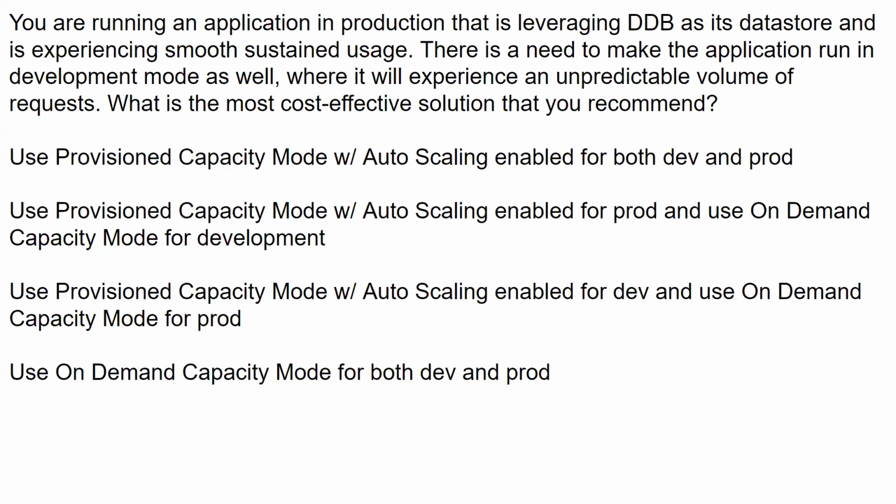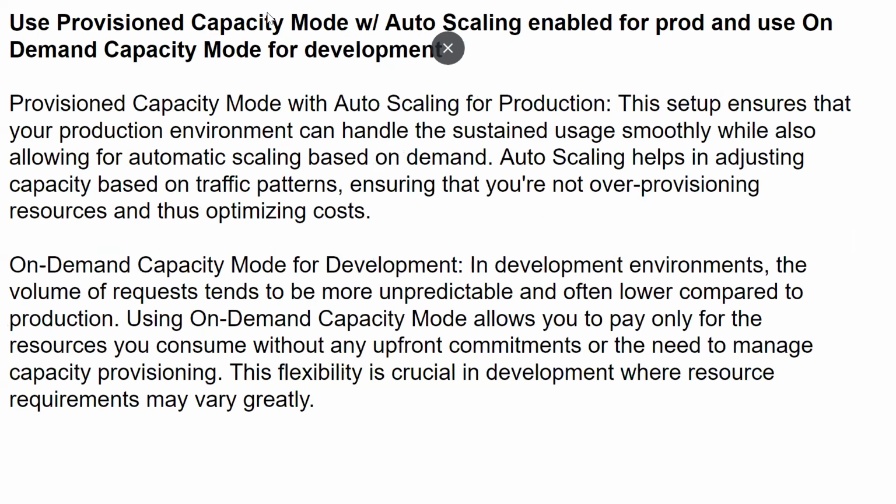Use on-demand capacity mode for both dev and prod. Okay. Use provisioned capacity mode with auto-scaling enabled for production, and use on-demand capacity mode for development. In development, the volume tends to be more unpredictable and often lower compared to production.